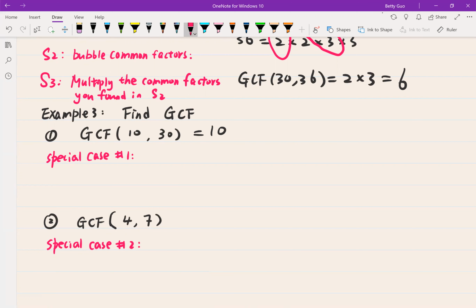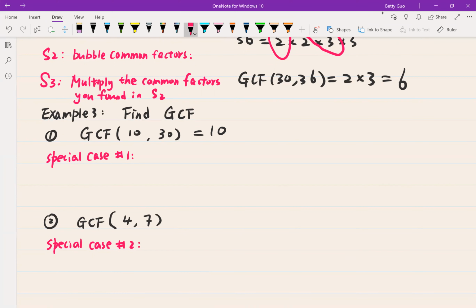When you need to find the GCF for two integers, of course, one must be smaller, the other must be bigger. If the smaller number is a factor of the bigger number, in other words, the bigger number is a multiple of the smaller number, then that is special case number 1. In special case number 1, the GCF is the smaller number. So the GCF of 10 and 30 is 10.